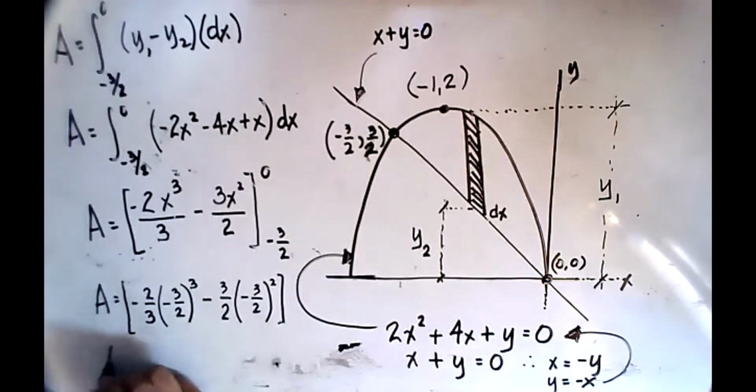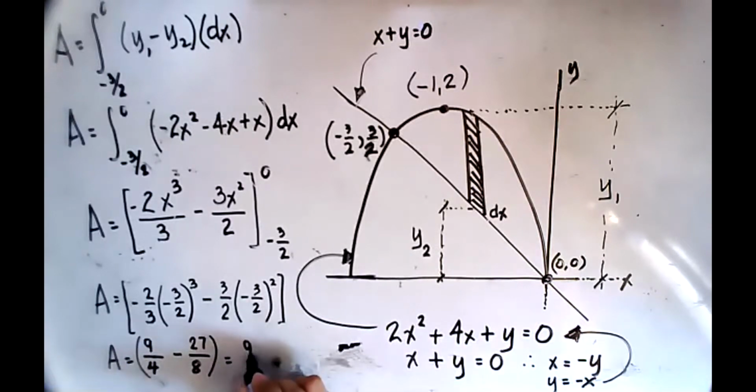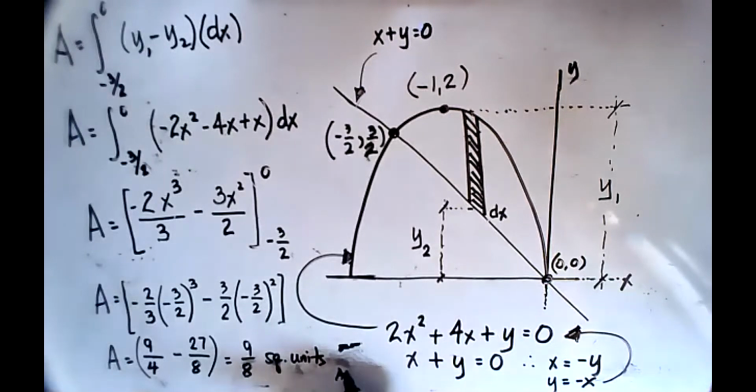And that would yield the value of, I'll do this quickly, 9/4 minus 27/8, or that equals 9/8 square units. And this will be our answer.